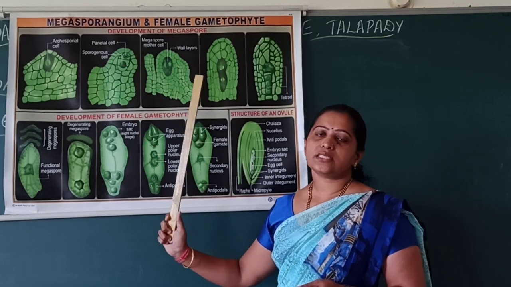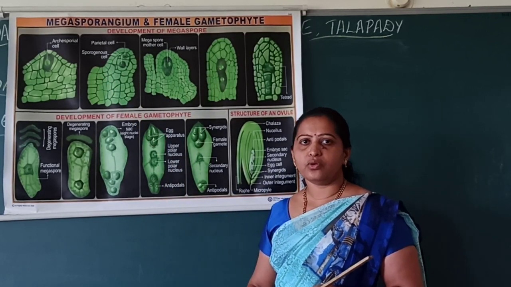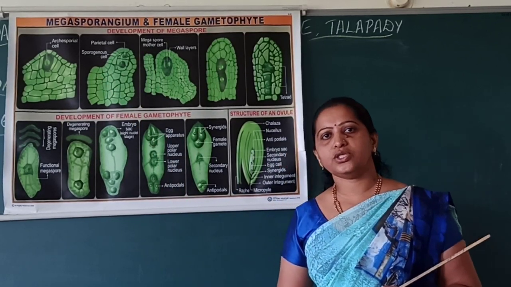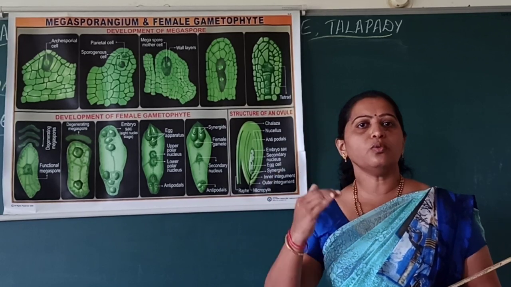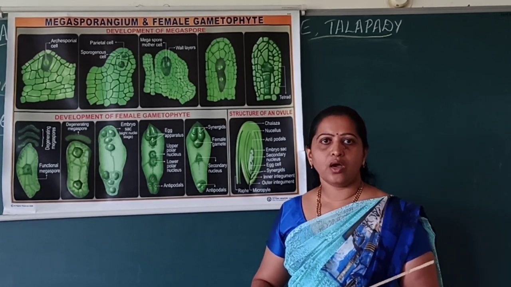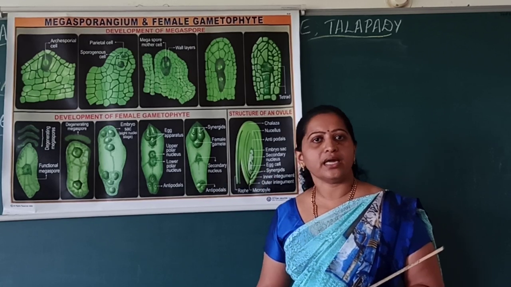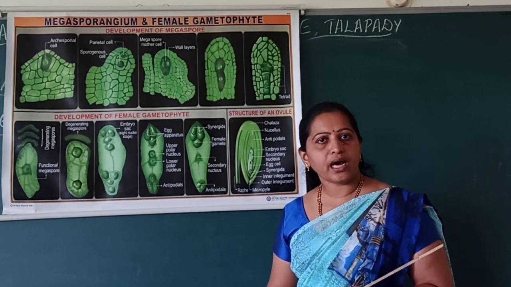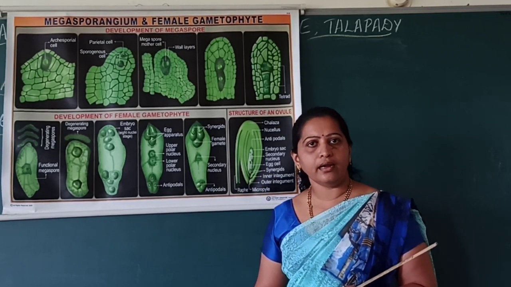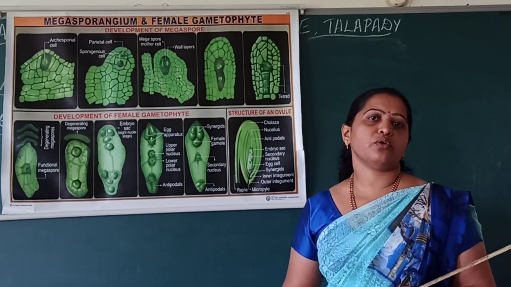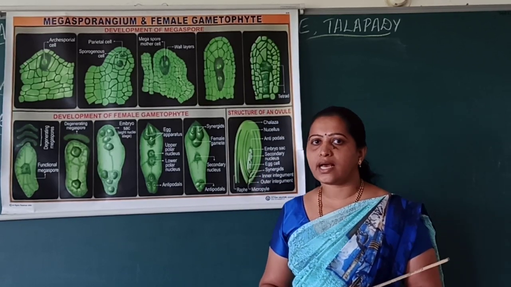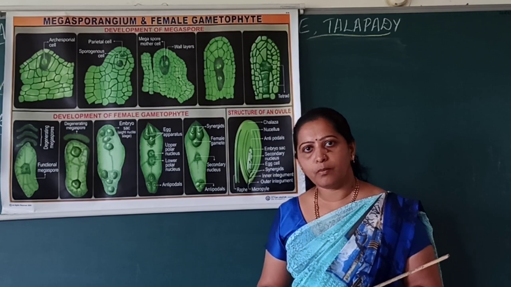As we have studied the structure of the megasporangium or ovule, you know that it has 2 poles or two ends. The end towards the micropyle is known as the micropylar pole or micropylar end, and the end opposite to it is known as the chalazal end or chalazal pole.